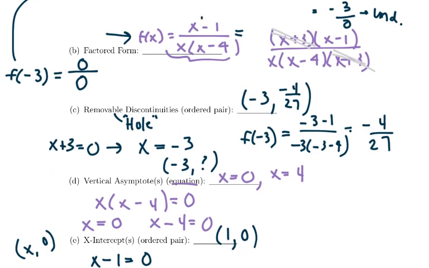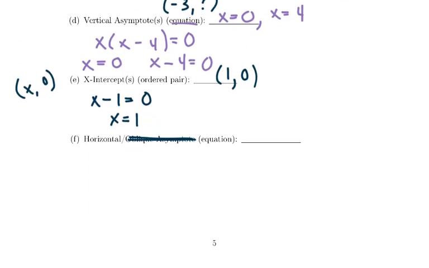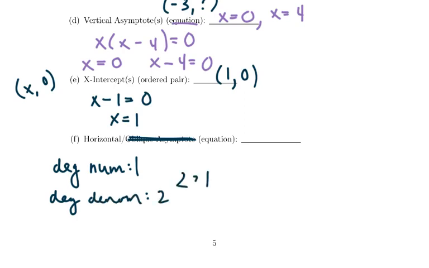Well, here we've got x to the first, and here we've got x times x, which would make x squared. So the degree of the numerator is 1, and the degree of the denominator is 2. So 2 is greater than 1, which means we're in the situation where the asymptote is y equals 0.